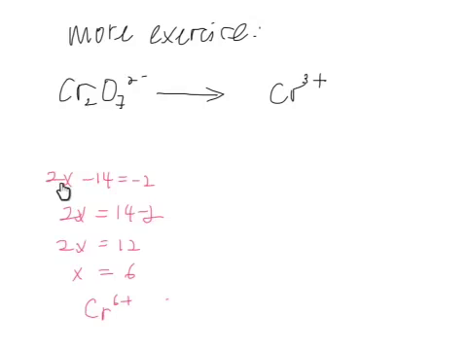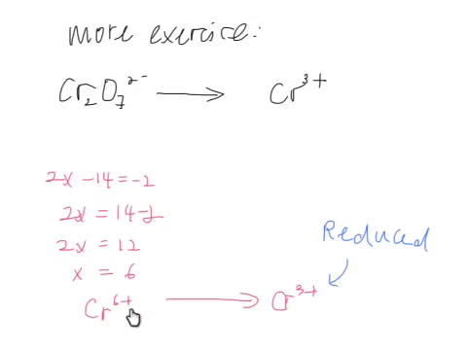That's why 2x minus 14 equals -2. Solve the equation. 2x equals 12 and x is actually 6. So the oxidation number of chromium here is 6 plus. Well, it's moving from 6 plus to 3 plus. 6 plus to 3 plus, it has gone down in oxidation number. Therefore, you can conclude that chromium is being reduced in this particular case.